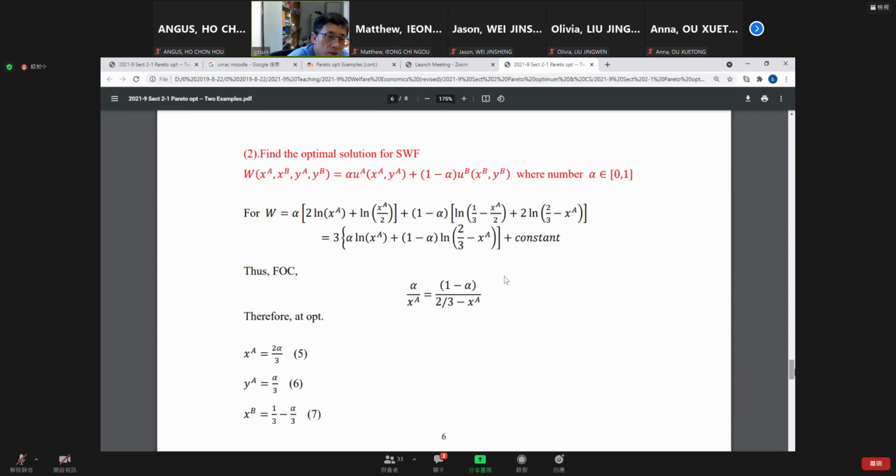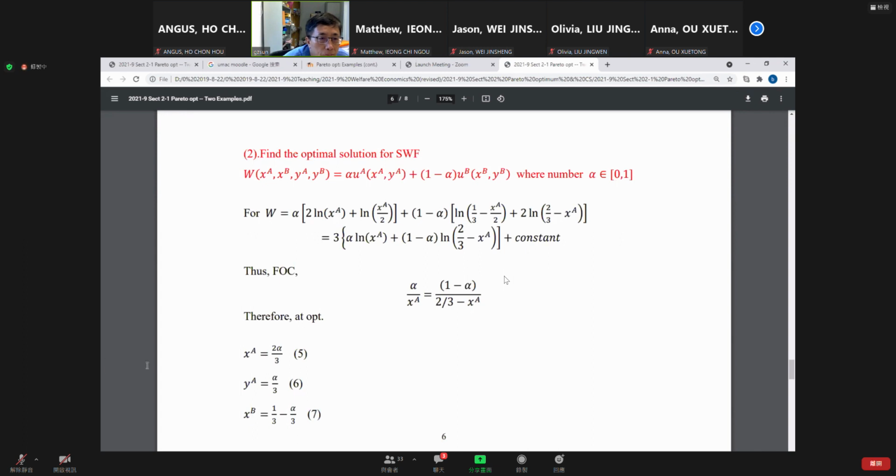Either making use of the result in the first step, pretty much like what we have done in the exchange economy example. Or another one is, let's start from the very beginning. That is, we are dealing with such a problem: how much X is given to Alice and how much Y is given to Alice.